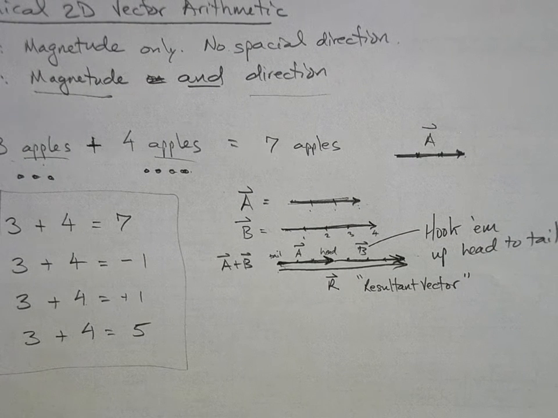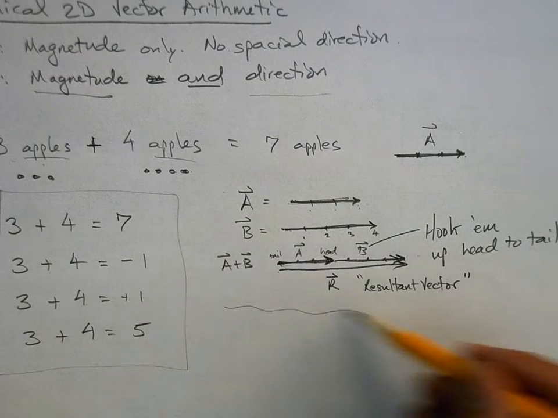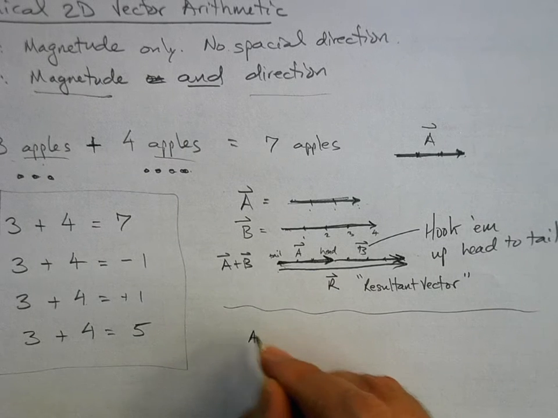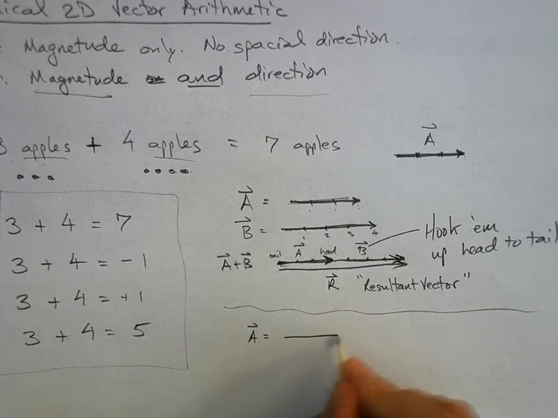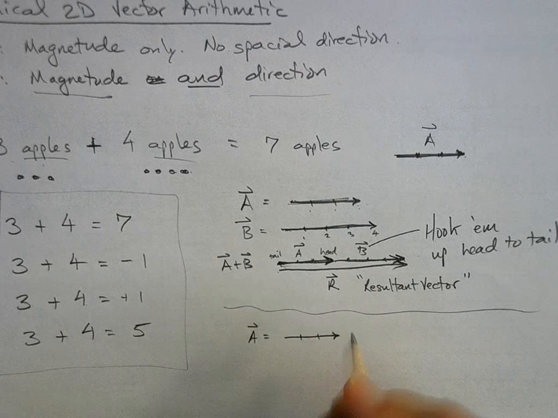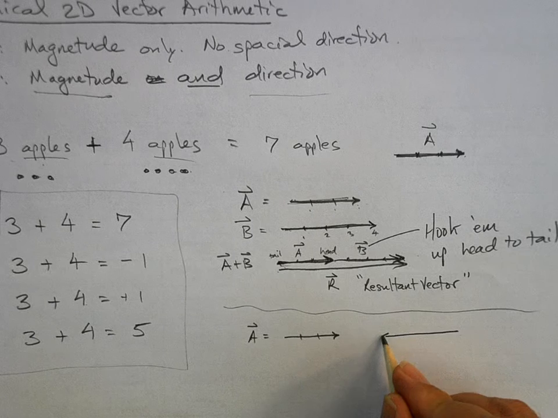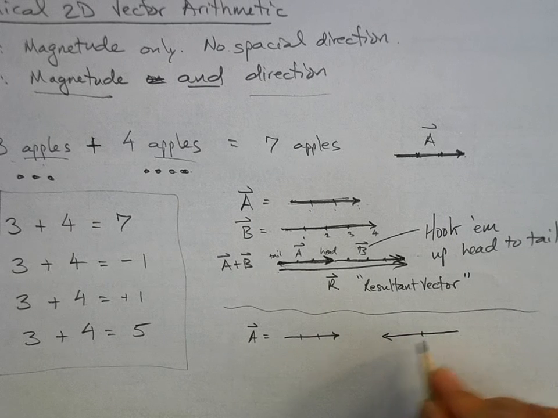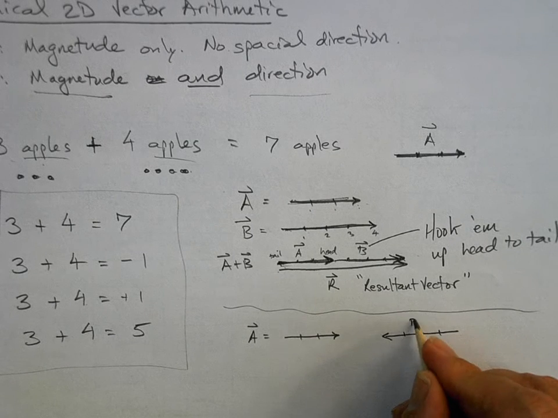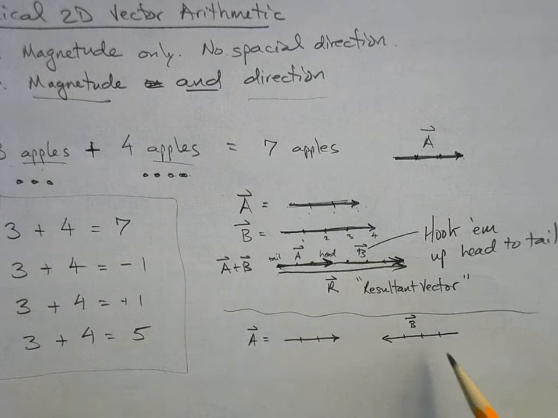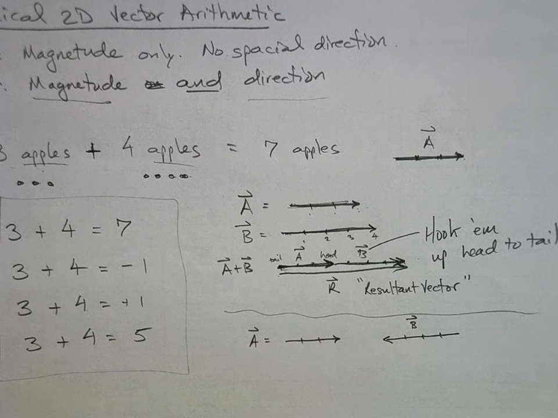Now, what if vector A, we'll keep it the same, but what if I made vector B look like this? It's the same magnitude, but let's say we change the direction around. How do I add vector A plus B?